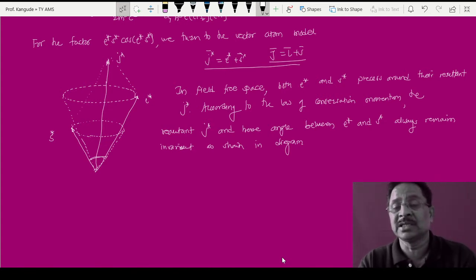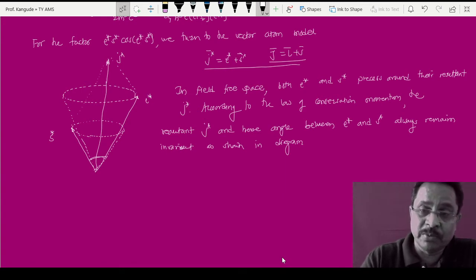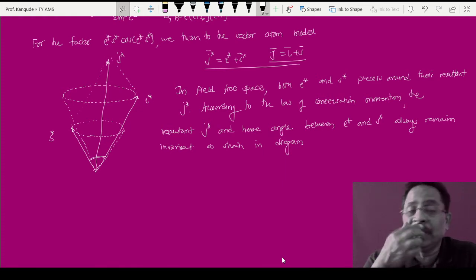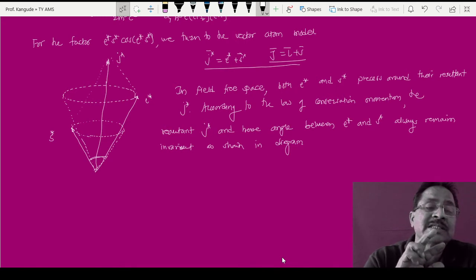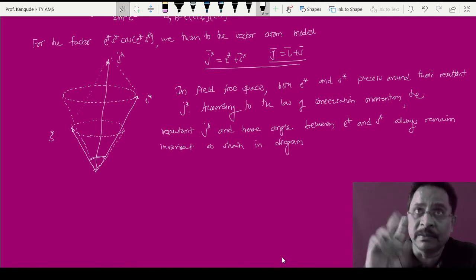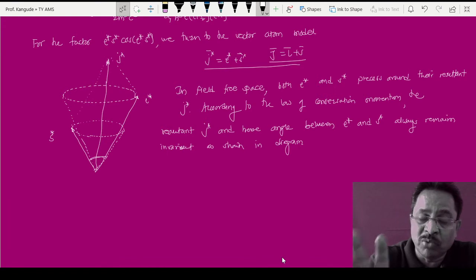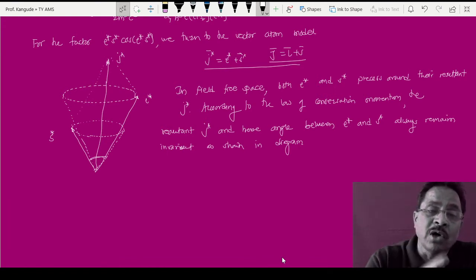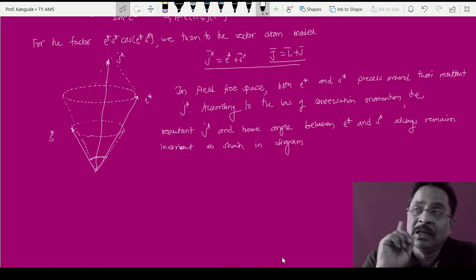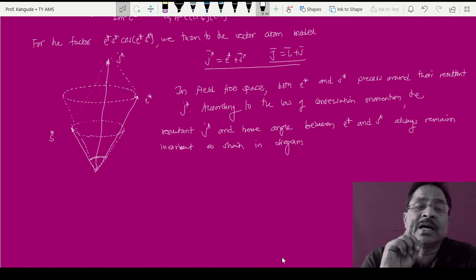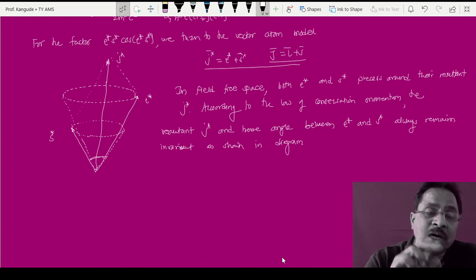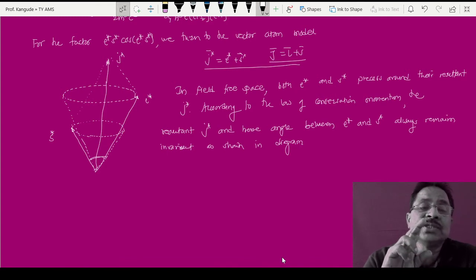We can draw this diagram for this reason, that there is a principle of conservation of angular momentum, and that principle tells you this J star is always equal to L star plus S star. The angle between them must remain invariant. Then for any pair of L star and S star, I'll get the same resultant J star. That is the meaning of this statement. Therefore we have drawn two cones, one traced by S star around J star and one traced by L star around J star, and if you take any two vectors on these cones, their addition will always give you J star.